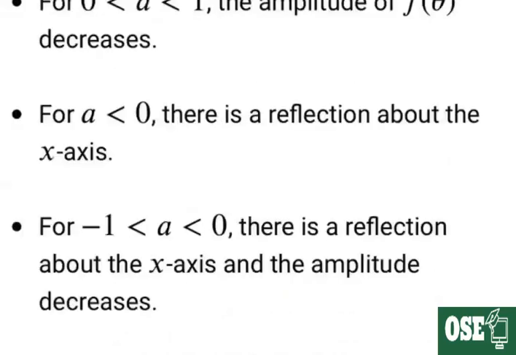And then when A is between -1 and 0, so if it's -0.1, -0.66, -0.2, you'll get a reflection about the x-axis and a decrease in the amplitude. So I'll try to explain all of these things using graphs right now.